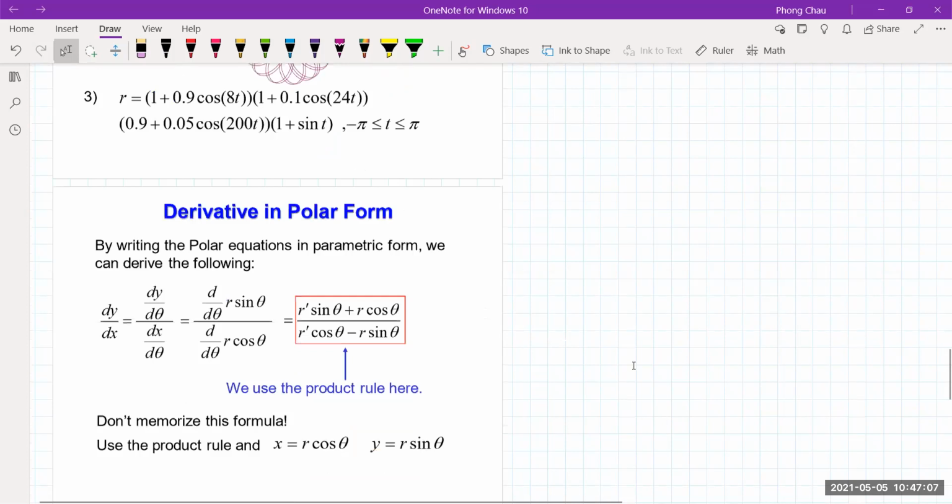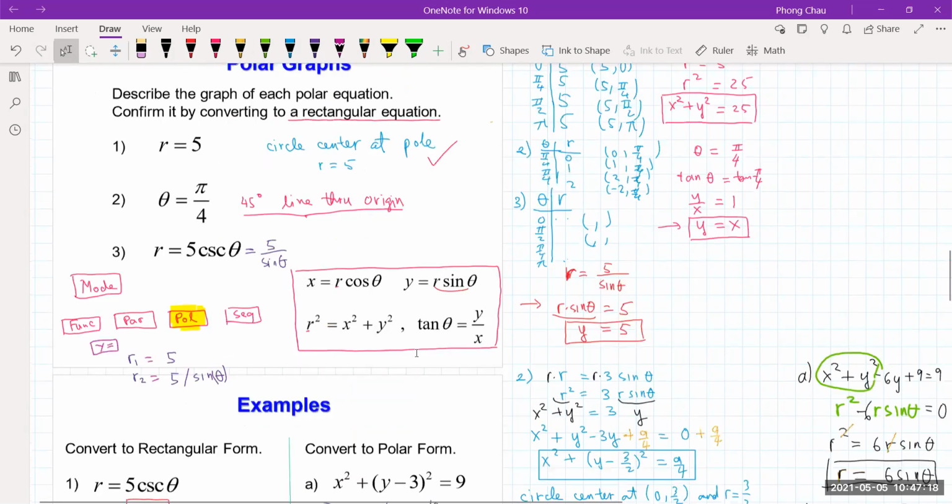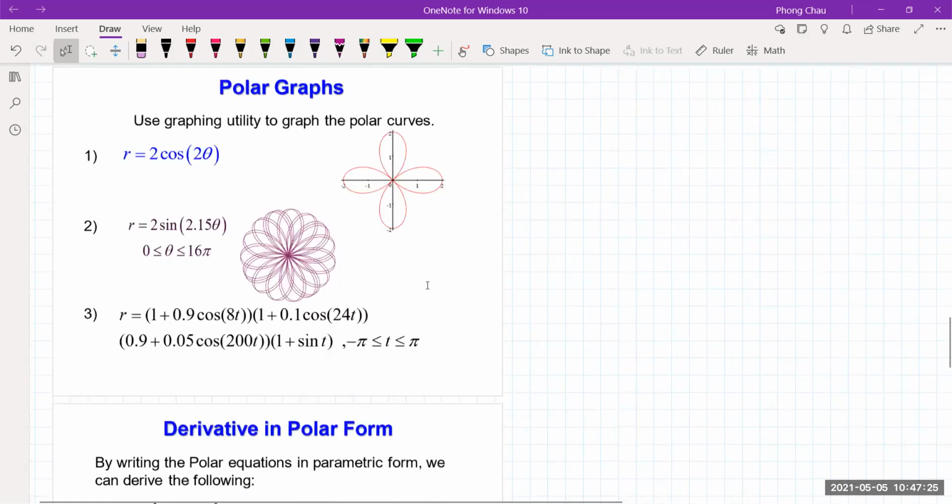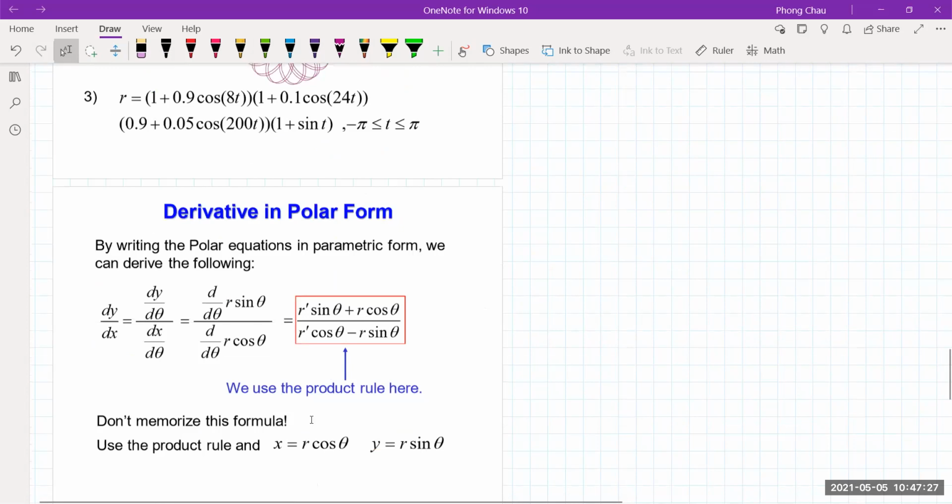Now, one thing, don't forget, as I mention many times, the 4 formulas up here are very important, especially the first 2. x is r cosine theta and y equals r sine theta. Okay, so here recall these 2 formulas. x is r cosine, y equals r sine.